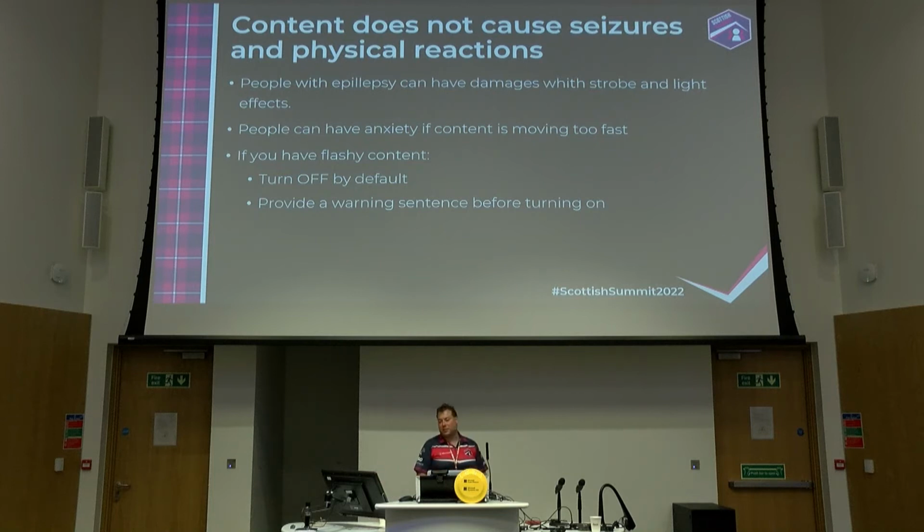If you have flashy content, turn it off by default. And provide a warning sentence before turning it on. And sometimes it's needed to have it and turn it on. For example, let's imagine you are building a website for a customer who has a discotheque. They don't want a business-looking website. They want something more catchy. But then be aware of what it can do.